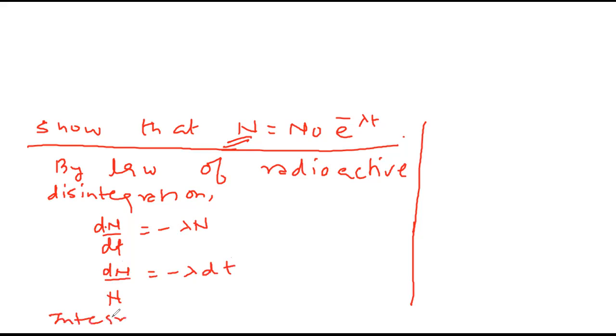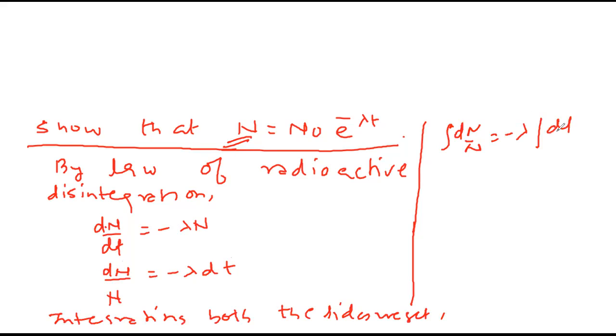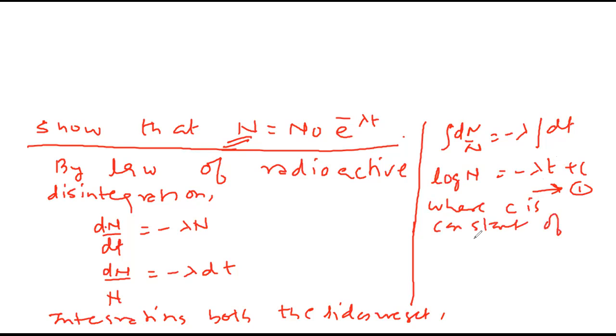Now integrating both the sides, we get integration of dn upon n is minus lambda dt. What is integration of 1 upon n? Log of n is minus lambda t plus c, where c is constant of integration.